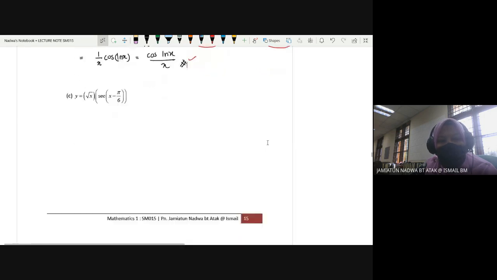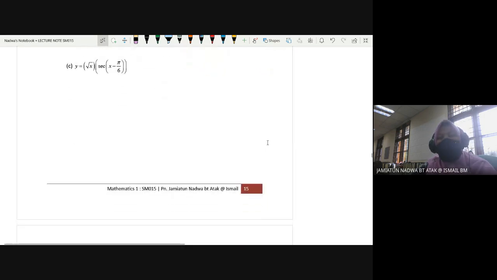Boleh ke teruskan? Ada soalan terus tanya. We have square root x and secant. Square root x and secant. So kita nampak ini adalah dua function yang berbeza. Satu polinomial dan satu lagi adalah trigo.